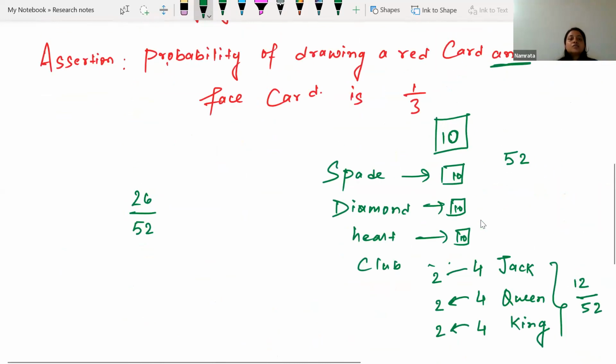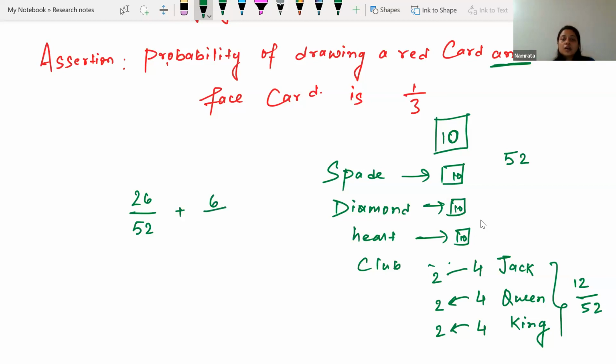Okay. So of the 12, half of the cards are red, half are black. Red we have already assumed, black we are going to take, that is 6.